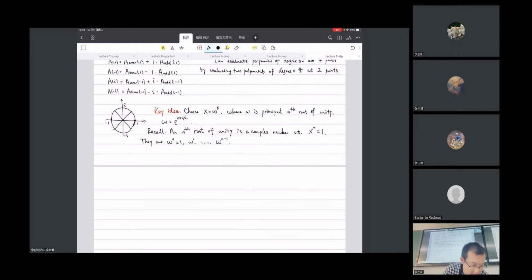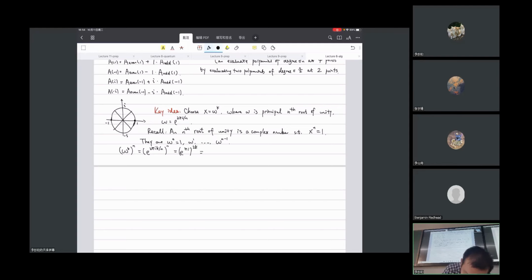So why is this the case? Imagine omega to the k to the n. It equals e to the 2 pi i k over n, to the nth power. And this equals e to the pi i with a 2k.